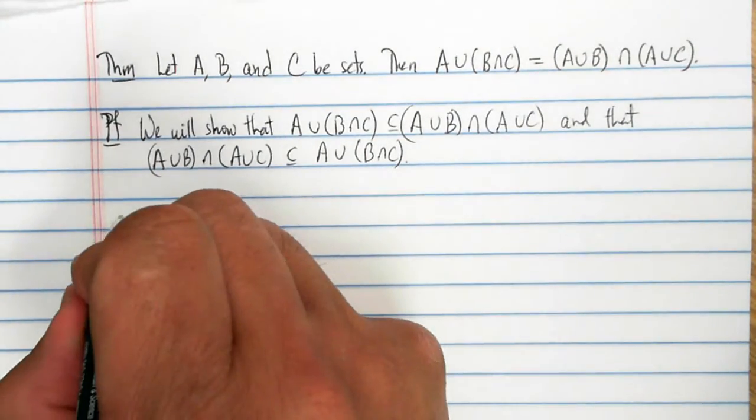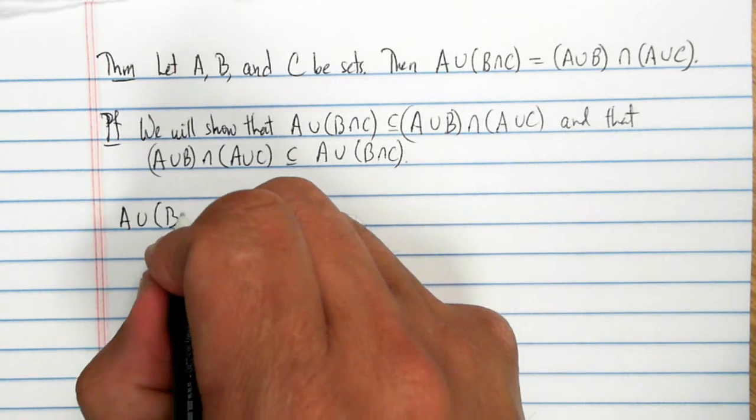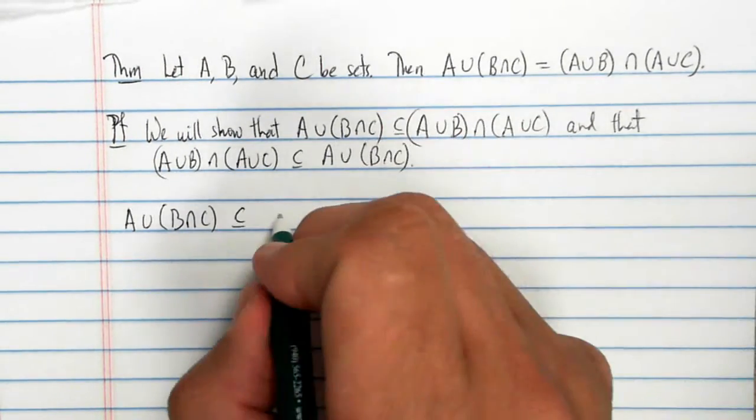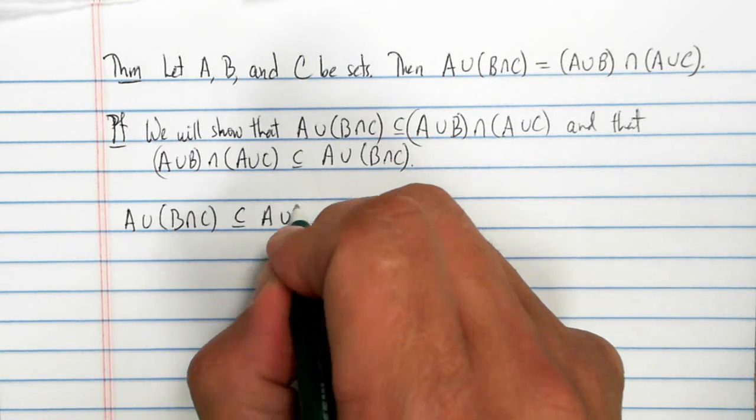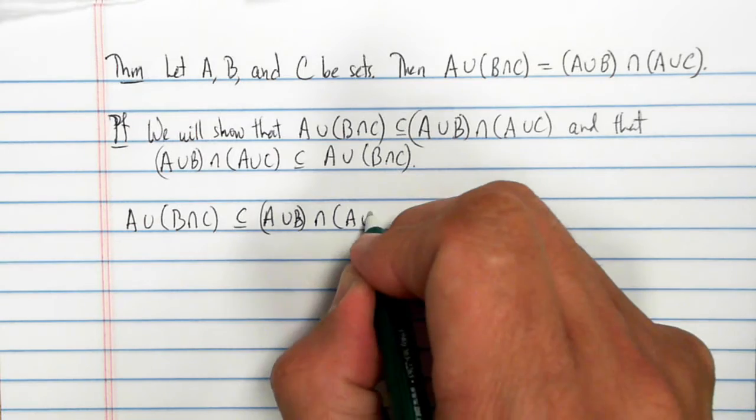Okay, so first we prove that A union (B intersect C) is a subset of (A union B) intersect (A union C).